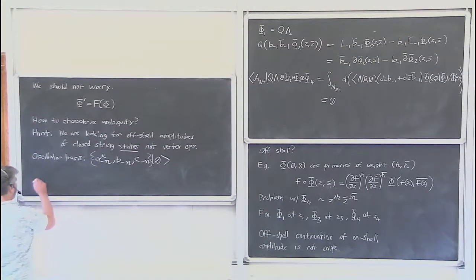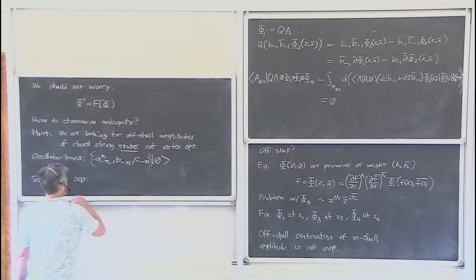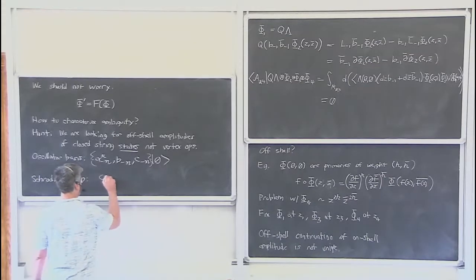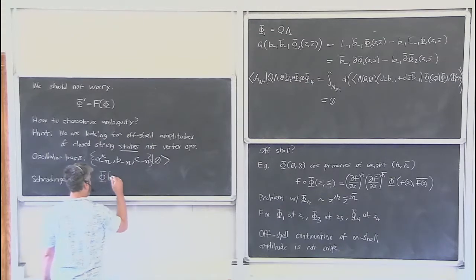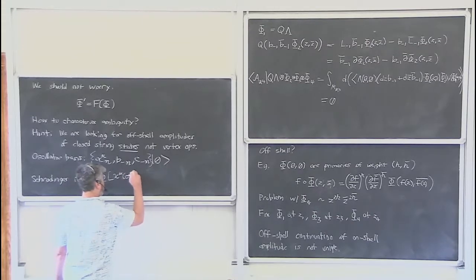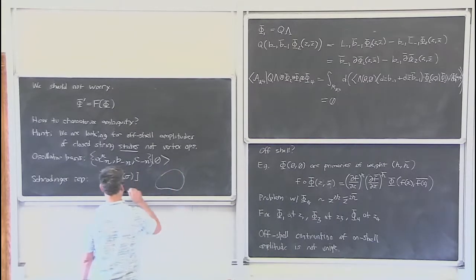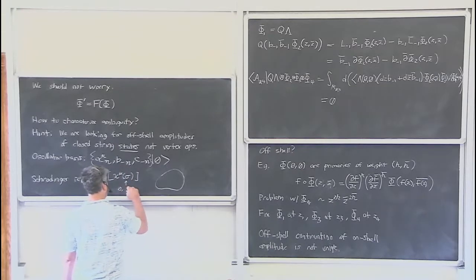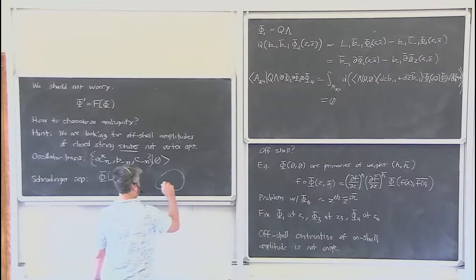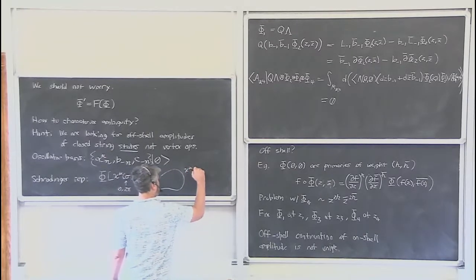But another representation which is useful for us is the Schrodinger representation. Here we represent a state as a functional of a curve in space-time. Now we have some curve in space-time, and sigma goes from 0 to 2 pi, and we have some parameterized curve corresponding to x mu of sigma.